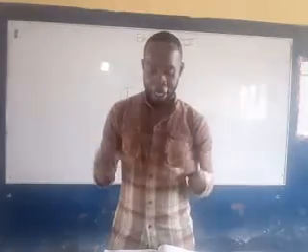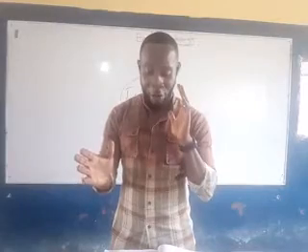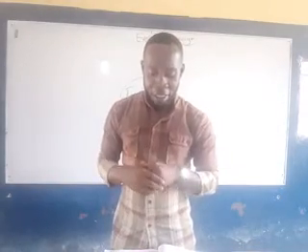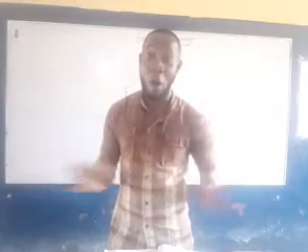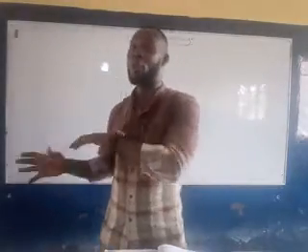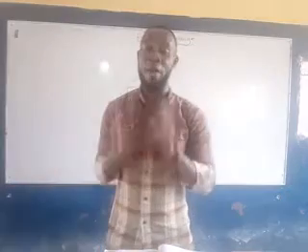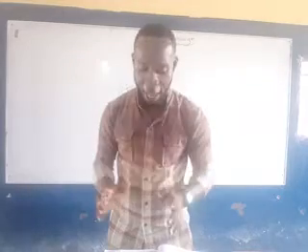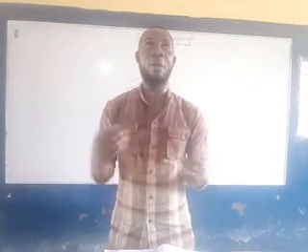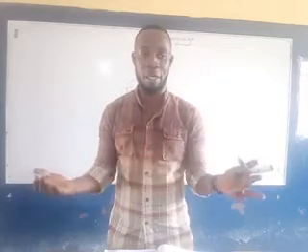Okay. It's a little confusing, but I will explain for you to understand. These verbs do not show action at all, unlike the first ones we spoke of. The first ones we spoke of, all of them showed actions. But these verbs we are going to speak about today, they do not show action, but they are classified as what? Verbs. First of all, if we take a sentence like Kofi is sleeping.